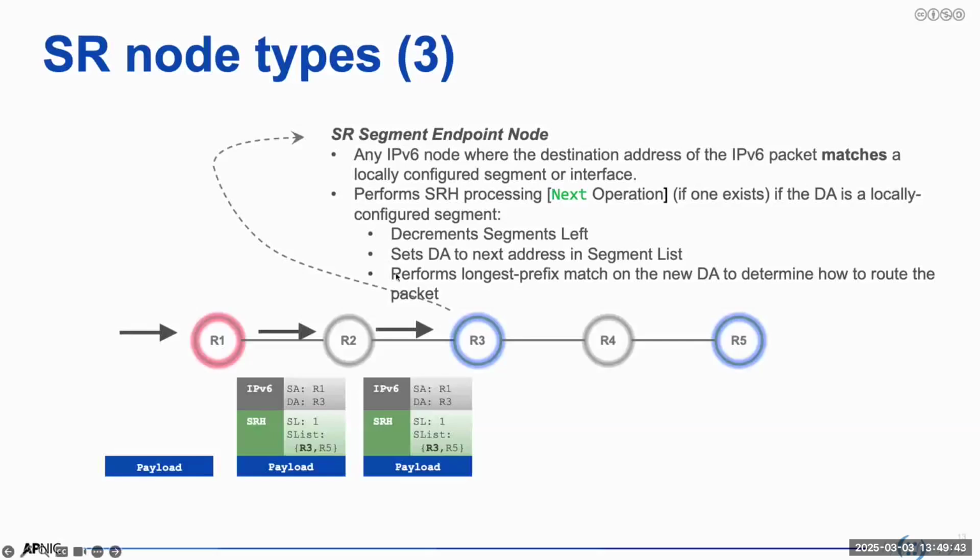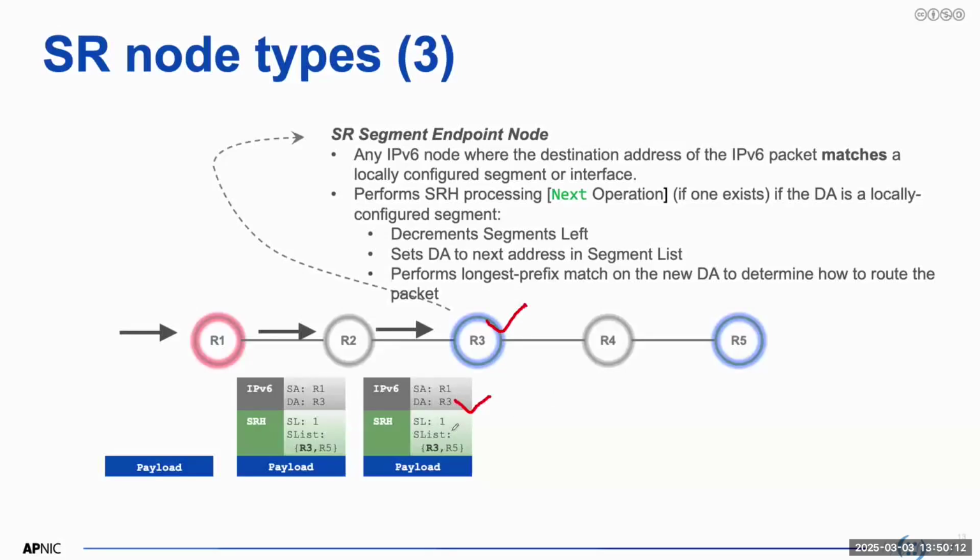Here, when the packet comes in, we can see the destination address is the same as the R3 address. When it sees that the destination address is its own address, it needs to process the segment routing header. In order to do that, it needs to decrement the segment left field by 1. So it's already 1.